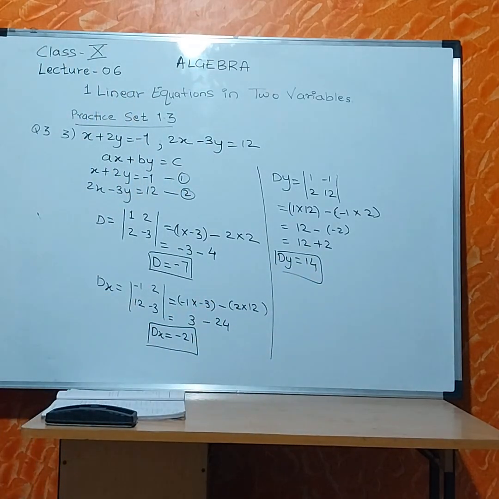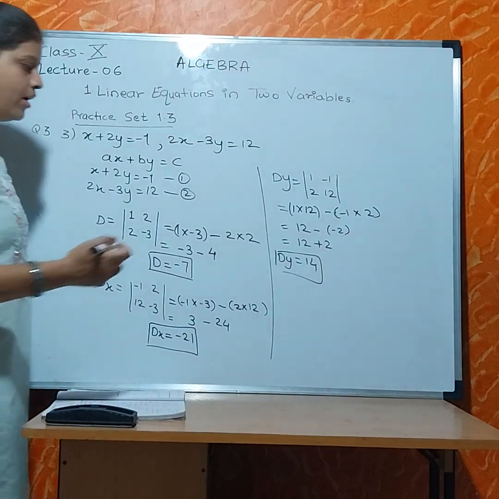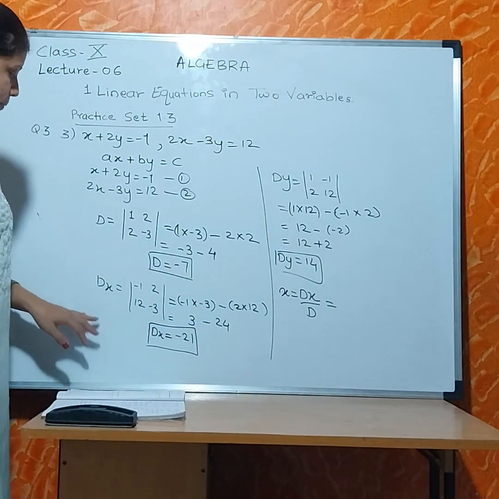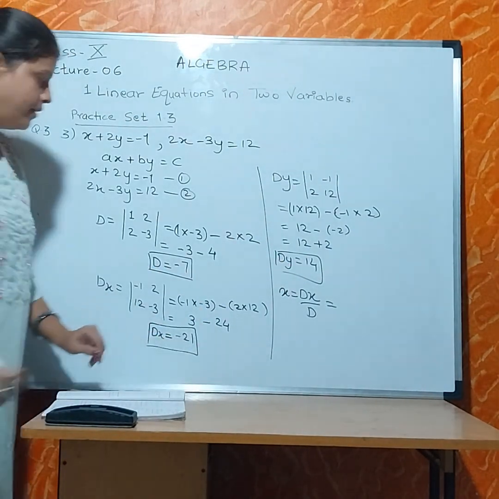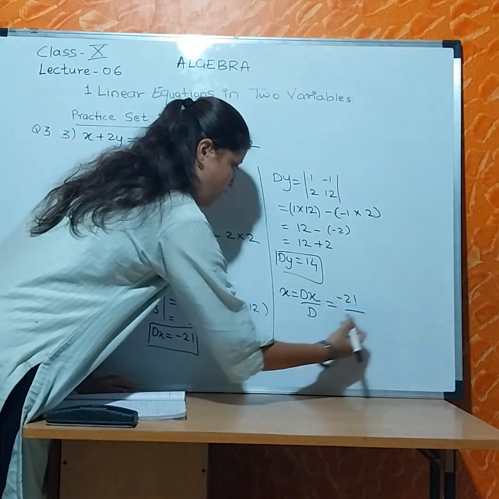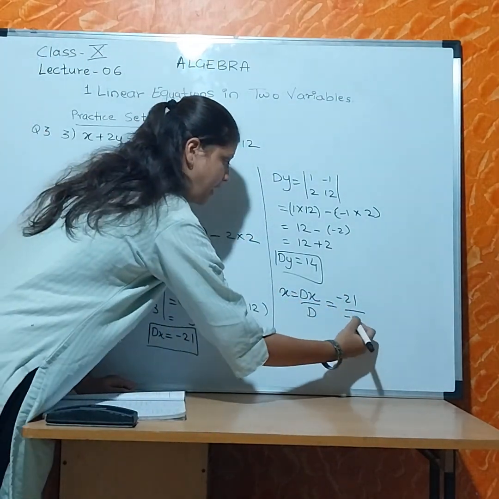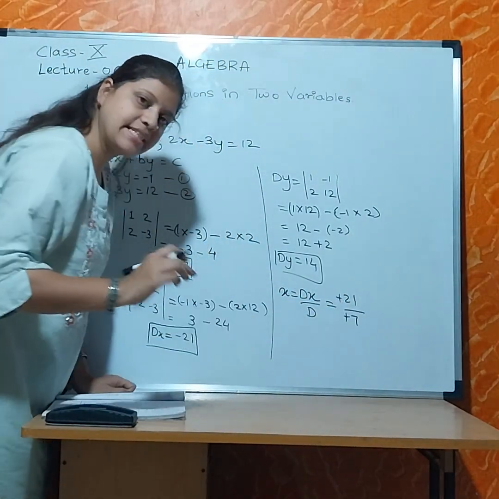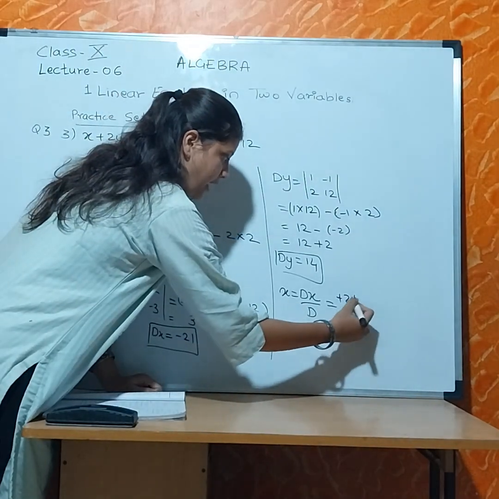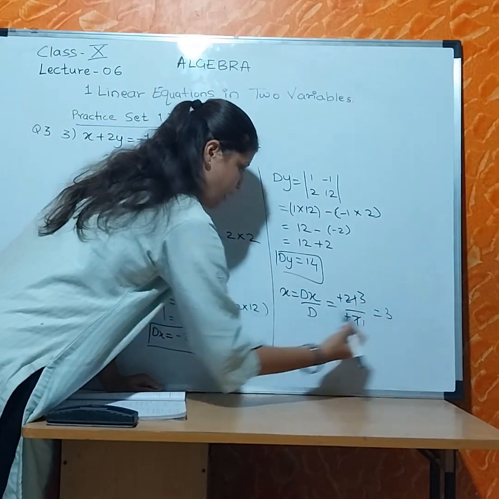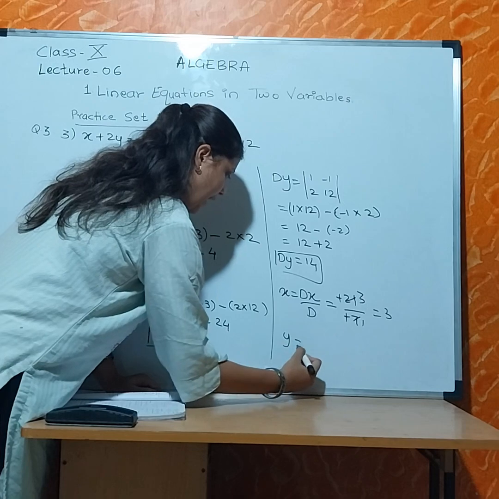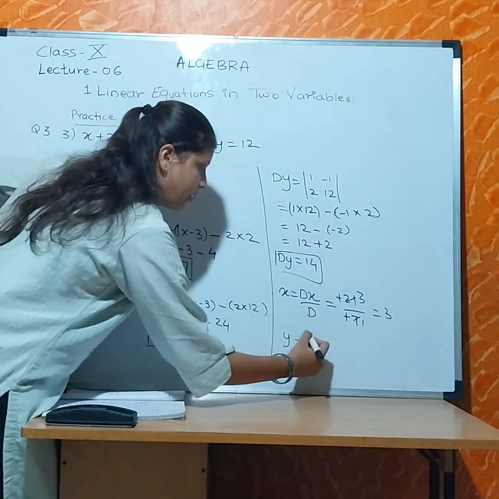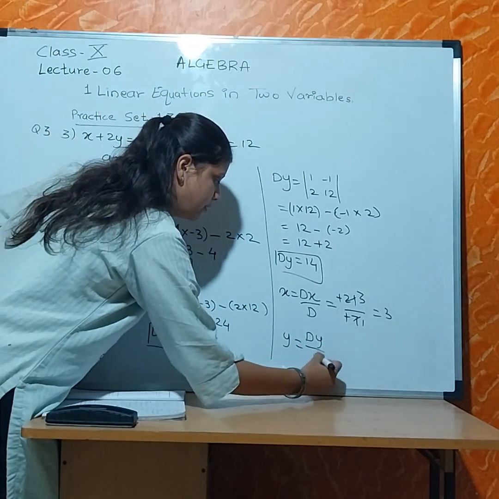Now the last step is to find the values of x and y. We know the formula dx upon d. What is dx? Minus 21. And what is d? Minus 7. Minus minus gets cancelled. 7 ones are 7 and 7 threes are 21. So the answer of x is 3. And how to find y? dy upon d.